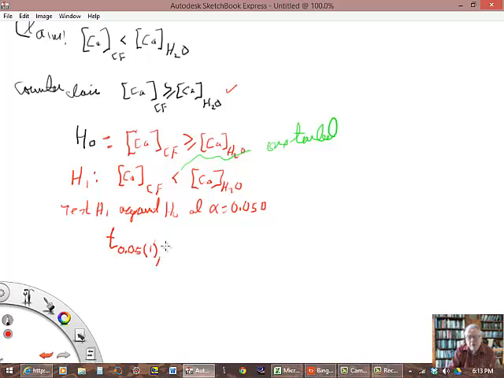And degrees of freedom are 1 less than the sample size. The sample size was 13. 1 less than 13 is 12. So this is my critical value. So I have to look it up in a table. I will look under an alpha equals 0.05 for a one-tailed test down to the 12 degree of freedom row.